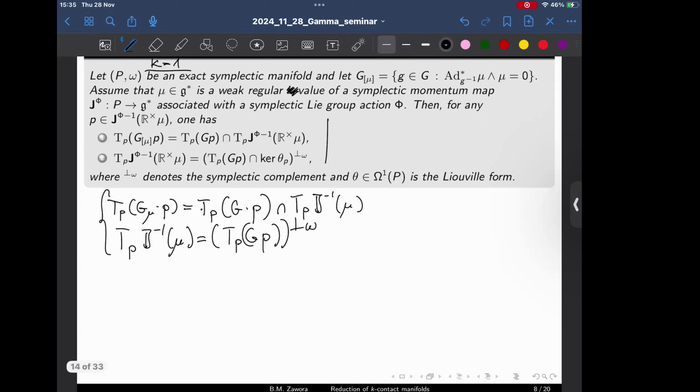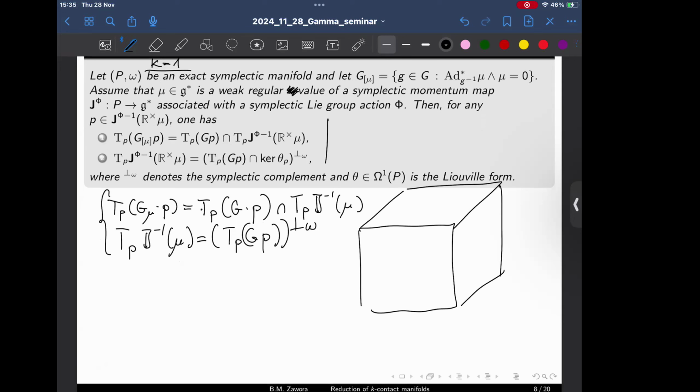Then we have the tangent space. Let me draw a picture again. P, with theta. This is our exact symplectic manifold.